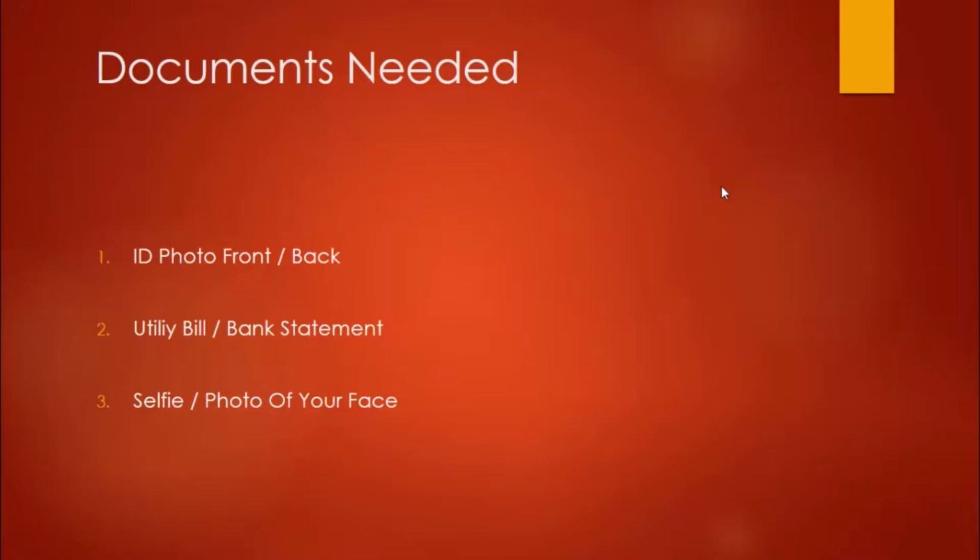Then they will require a utility bill or bank statement to confirm your address. And then they will require a selfie or a photo of your face, to match the ID photo so that they can see you are that actual person. These are the general things.